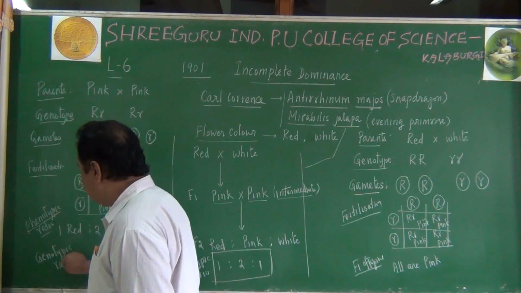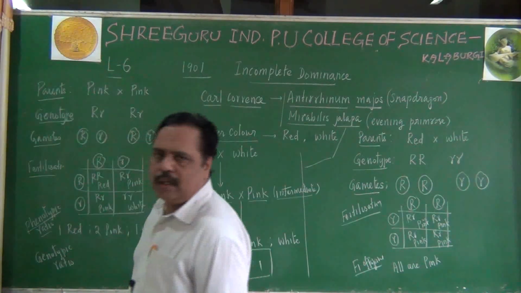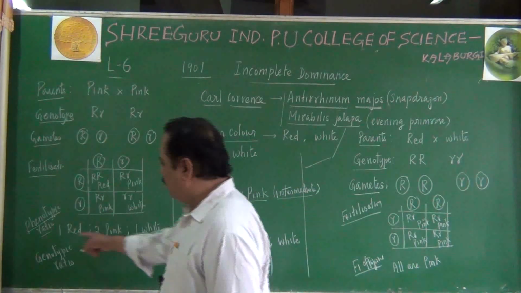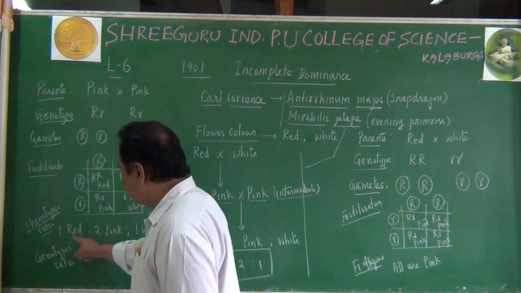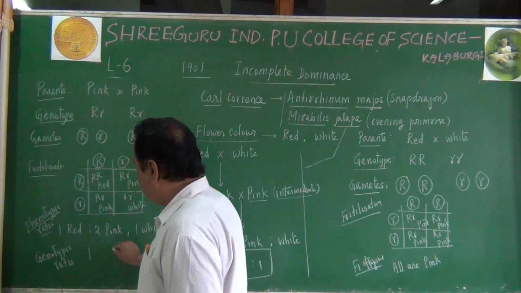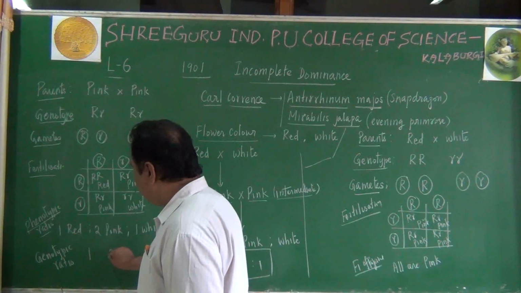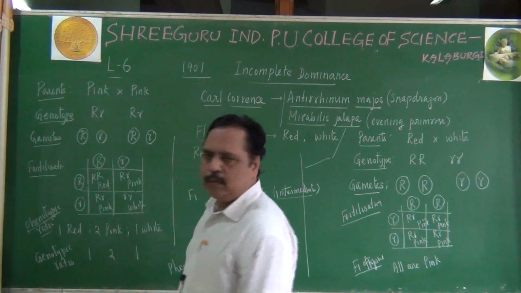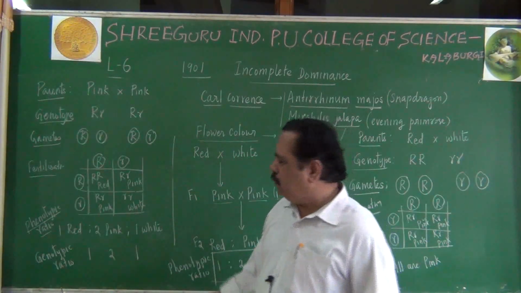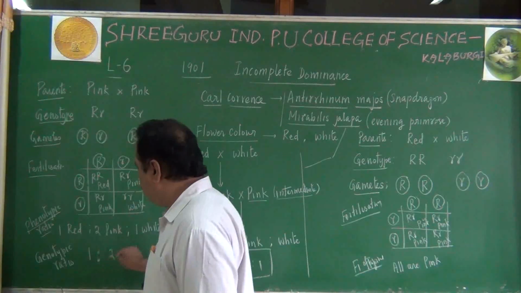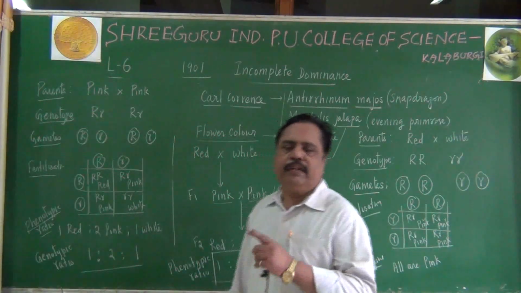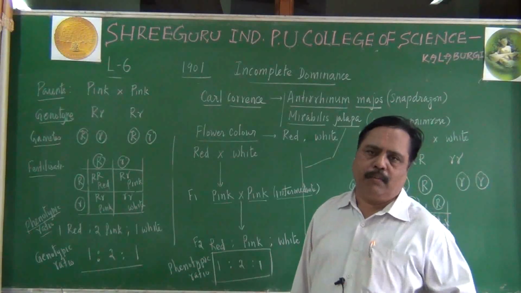Let us think about the genotypic ratio. If you analyze it, there is one homozygous red, two heterozygous pink and one homozygous white. The genotypic ratio is also 1:2:1 only when it is incomplete dominance.